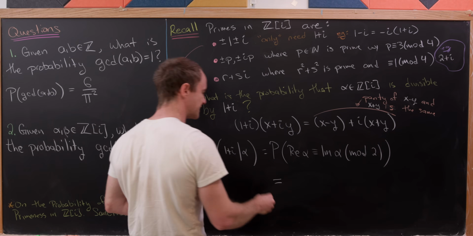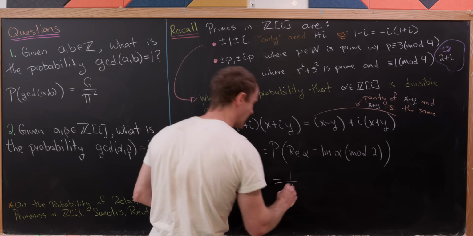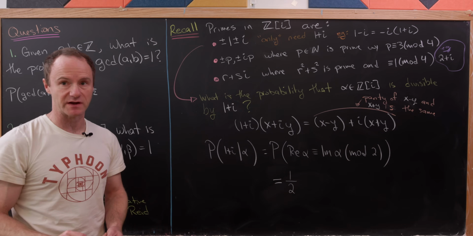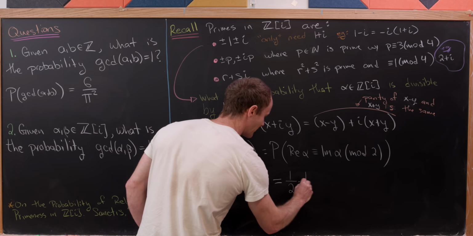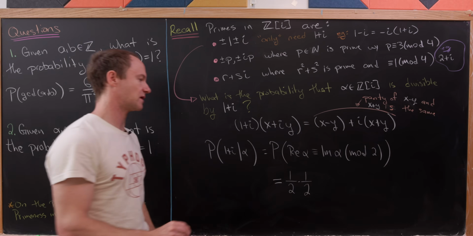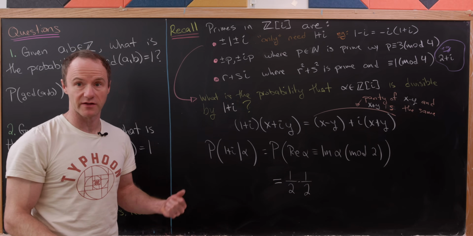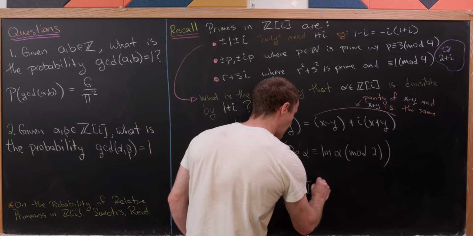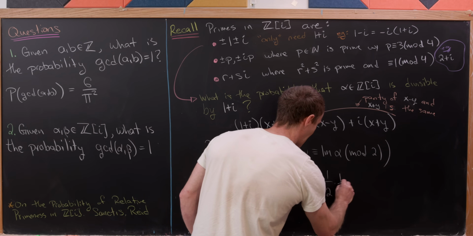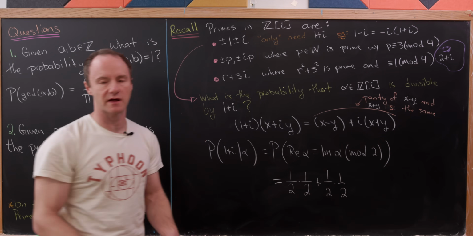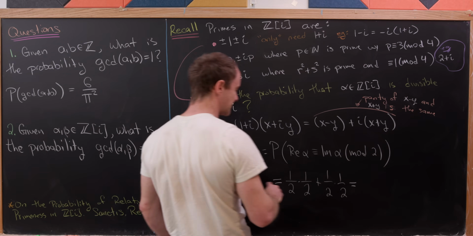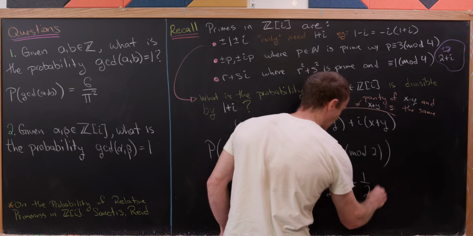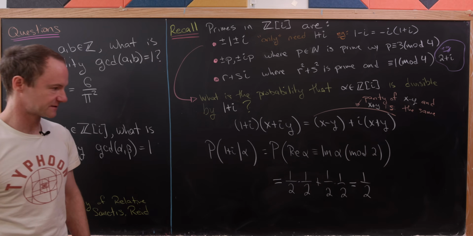Let's first do the probability that the real part of alpha is even. That's going to be 1/2 times the probability that the imaginary part of alpha is even, which is another 1/2. And then plus the probability that they are both odd, which is another 1/2 times 1/2. Of course, you multiply those together and add them all up and you get 1/2.